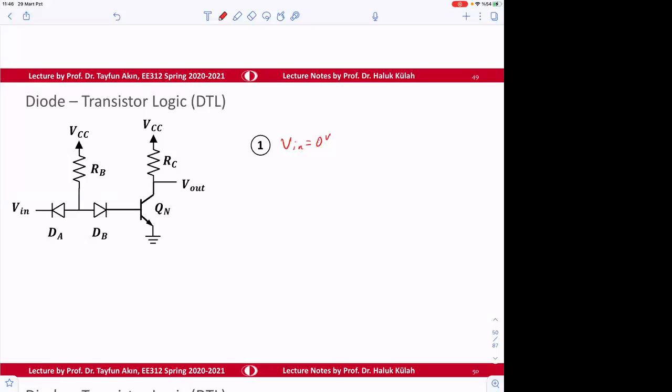So that's the idea. If Vin is 0 volt, we know that there's a current path here. So then we know that dA is what? What is the state? On. dA is on, yes.